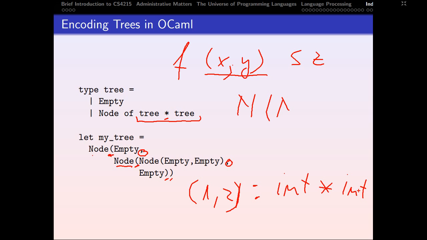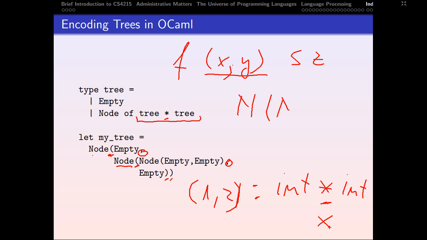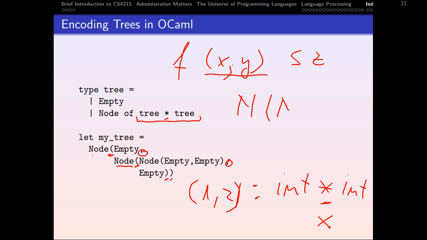Okay, that's how the type is denoted. This comes from the Cartesian product notation. In mathematics, you would use the x to denote multiplication. You have set A Cartesian product set B. In computer science, in programming, multiplication is denoted by the star. So that's where the notation comes from.